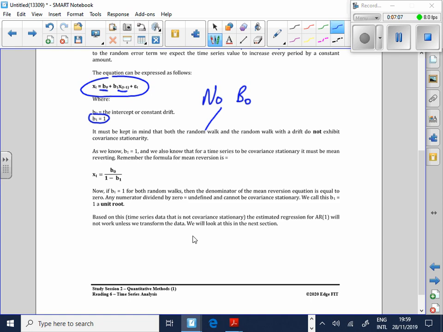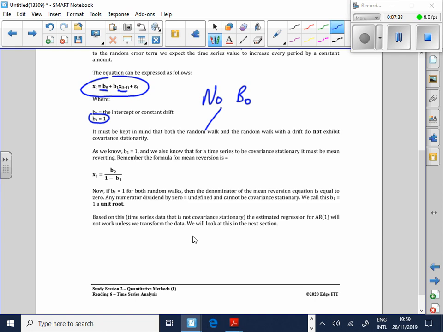Very important, we'll just take it as gospel for now. We'll get back to it in a second. Remember the equation for a random walk and with a drift, I'm assuming that B1 is equal to 1. That's what gives us its very definition of the random walk. We'll see why, but at this point, just take it as gospel that B1 in a random walk is equal to 1.